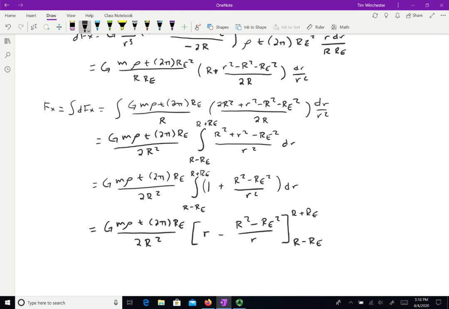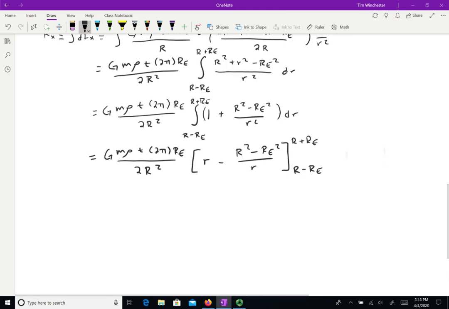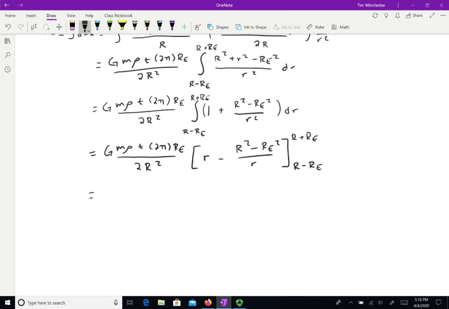So when we then plug in those numbers to get a final result, when I integrate G m rho t times 2 pi R_E over 2 big R squared, integrating r from R minus R_E to R plus R_E, if I plug those in, then I'm going to have the R's cancel, and I'll get 2 R_E.